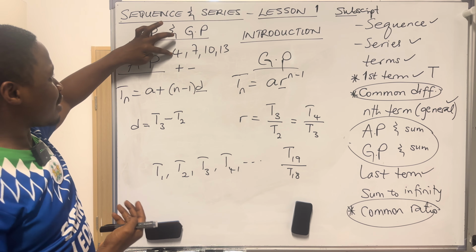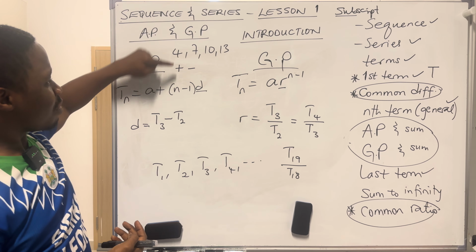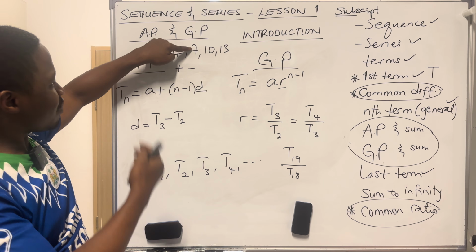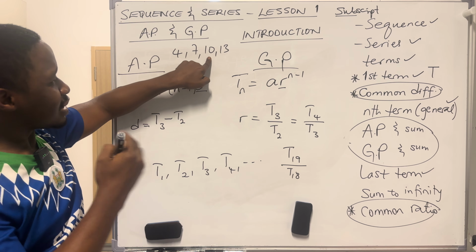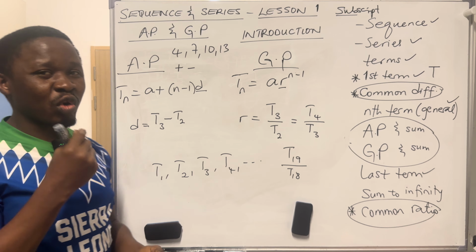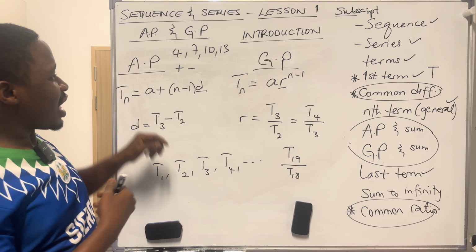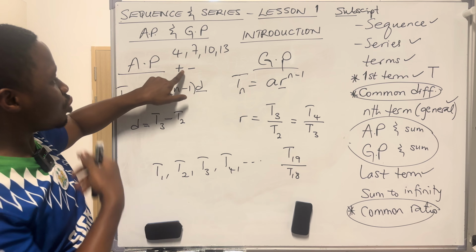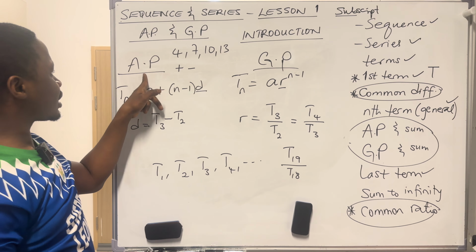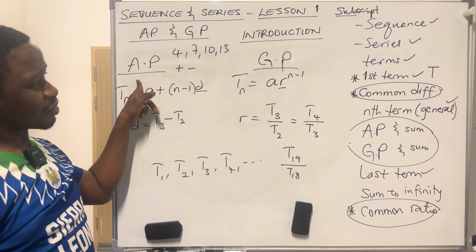There is no way we can say 4 minus something to give us 7. But with plus, we can. 4 plus 3 can give us 7. 7 plus 3 can give us 10. 10 plus 3 can give us what? 13. So if you have a constant number you add or you subtract to get the subsequent terms, that sequence is an AP.